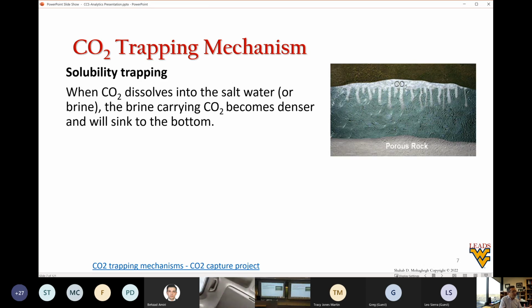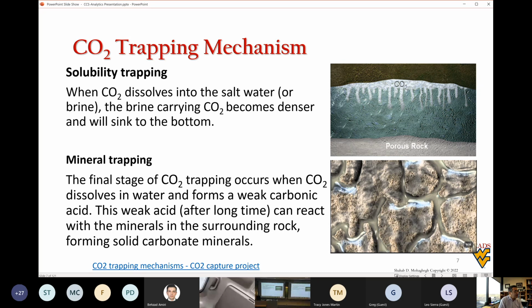And of course, two more things. One is the solubility trapping. When CO2 dissolves into the salt water or brine, the brine carrying CO2 becomes denser and will sink to the bottom. And finally, it's the mineral trapping. The final stage of CO2 trapping occurs when CO2 dissolves in water and forms a weak carbonic acid.